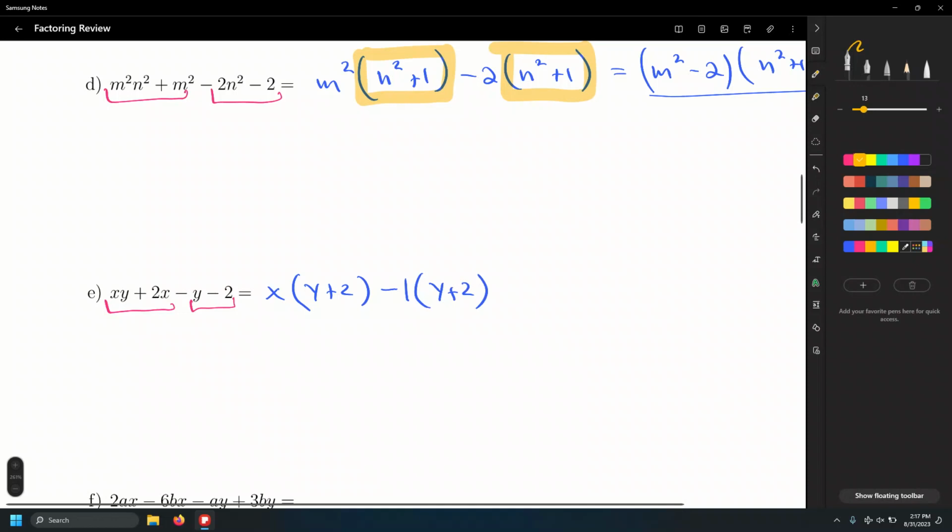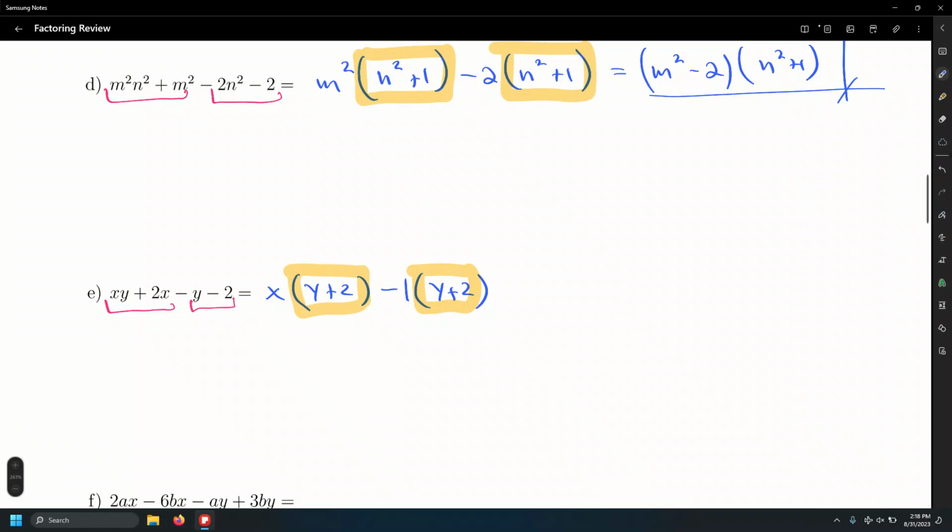After a while practicing with these kinds of techniques, it just becomes second nature, and you will be able to see the pattern without having to put those placeholder ones right here. So that'll be x minus 1 times y plus 2. And that's our final answer for this one.